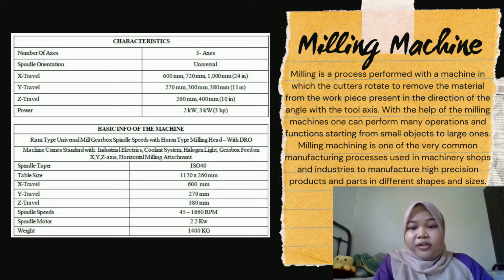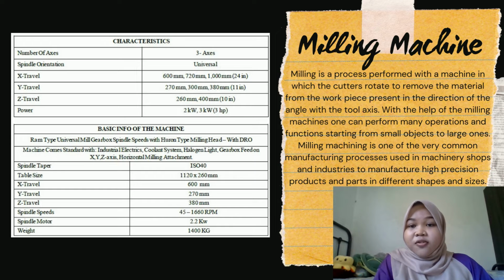For the Y travel, there are 270 millimeters, 300 millimeters, and 380 millimeters. For the Z travel, there are 260 millimeters and 400 millimeters, and the milling machine uses 2 kilowatt and 3 kilowatt power.